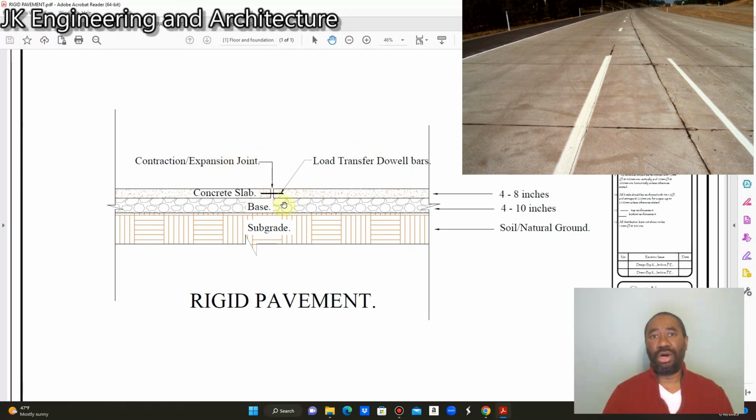The reason for that is, you will know that concrete, when you have extreme temperatures, particularly in the summer months, is going to be exposed to a lot of heat and it's going to expand. Just as with any object that comes under high temperature, it is going to expand.